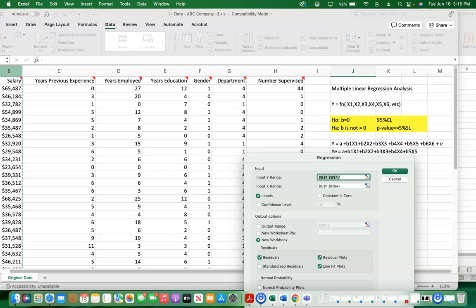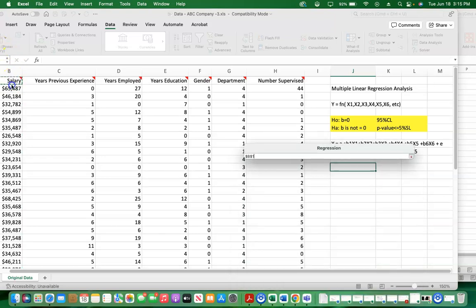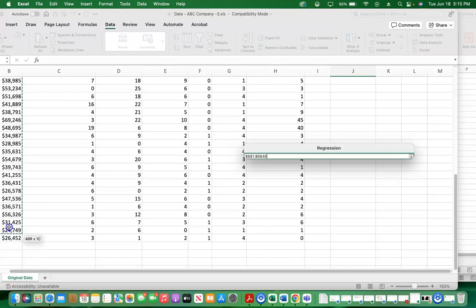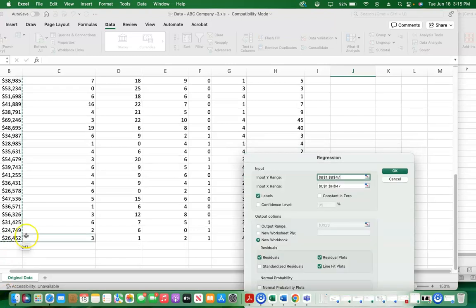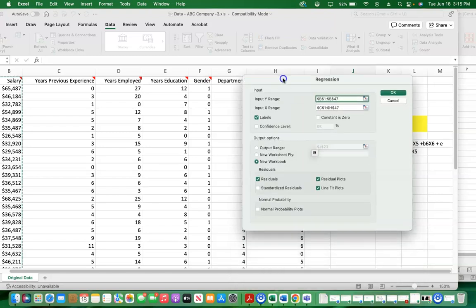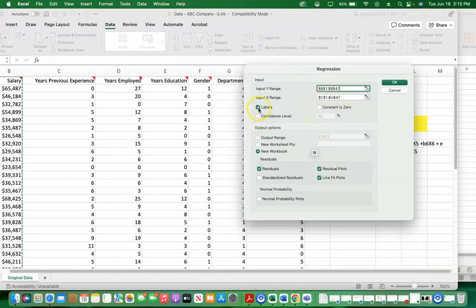So I'm going to select values for salary, and I have included the label, which is salary, and therefore in this case I will select the labels.